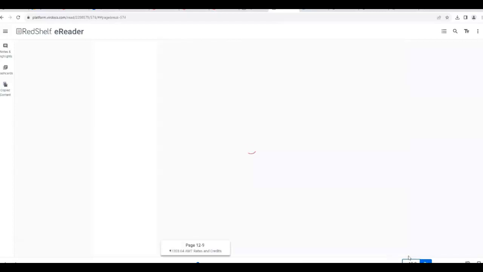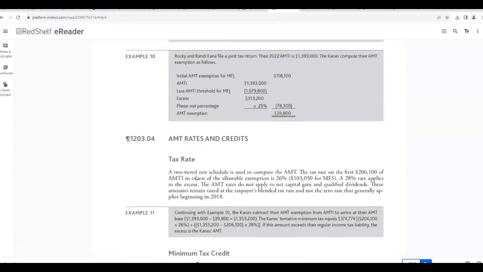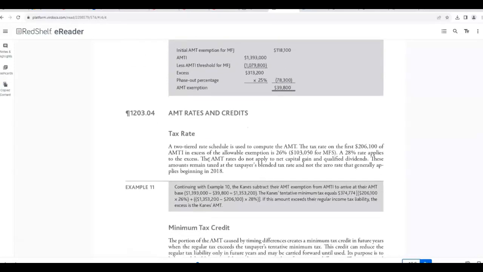So here, AMT rates are 26% up to the first 206,100. If you are married filing separately, it's half of it, 103,000. A 28% rate applies to anything in excess of that.